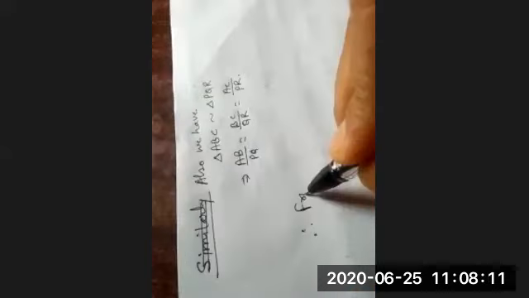Therefore, from equation 1, what we have got is area of triangle ABC divided by area of triangle PQR is equal to BC into AM divided by QR into PN.